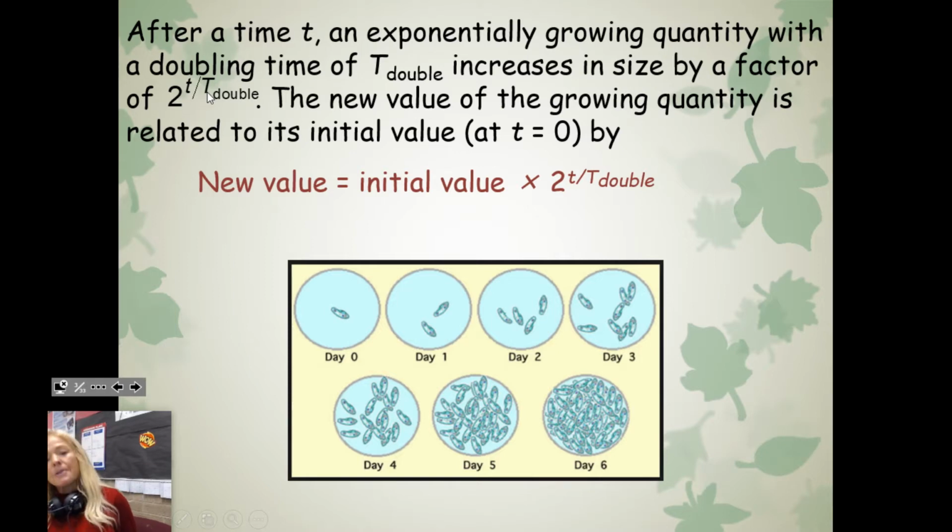Doubling time is how much time needs to occur for a doubling to occur. When we place it in this factor, 2 to the t over doubling time, we have a multiplier, and we multiply it by the initial value. Then we have how much we would have after a specific amount of time.